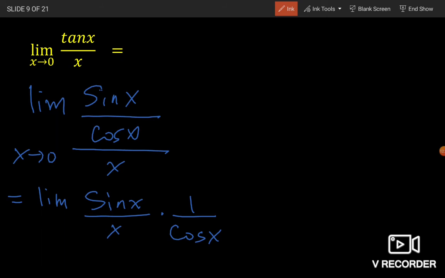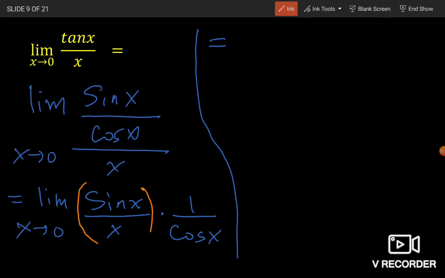Sine x over cosine x divided by x can be expressed as sine x over x multiplied by 1 over cosine x as x approaches 0. Now, this can be expressed as the limit of the product of two functions: sine x over x multiplied by 1 over cosine x.